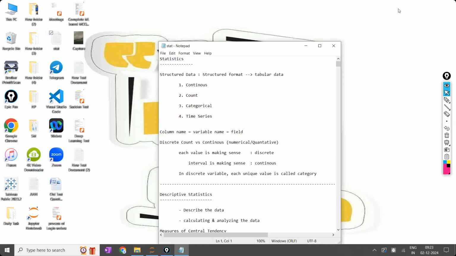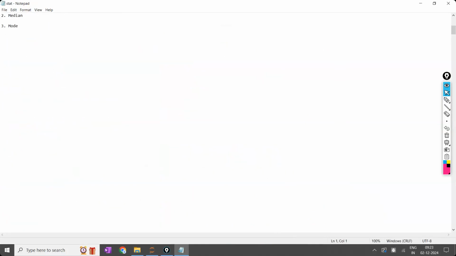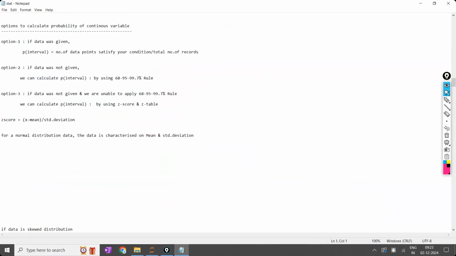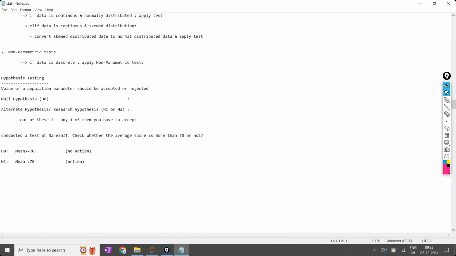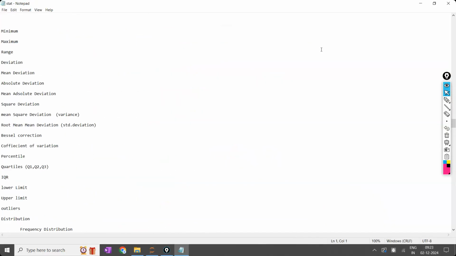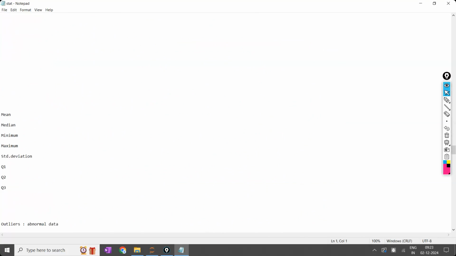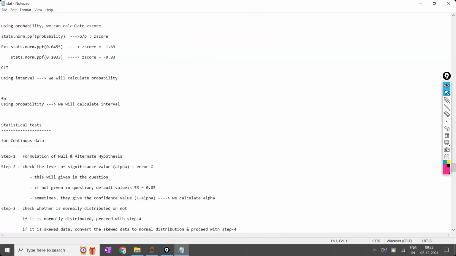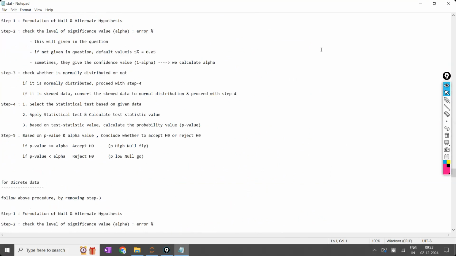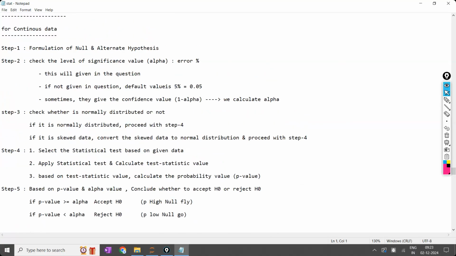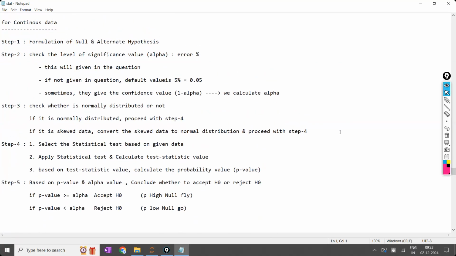In the last class, we discussed inferential statistics, how to formulate it, and we completed the step-by-step procedure for working on inferential statistics.